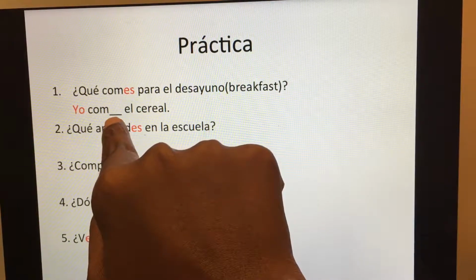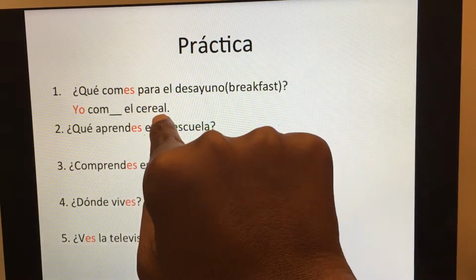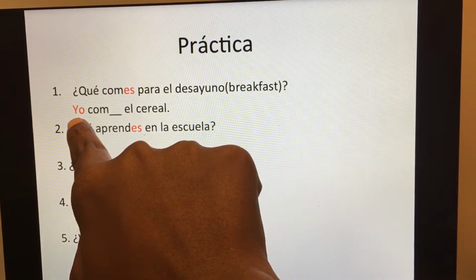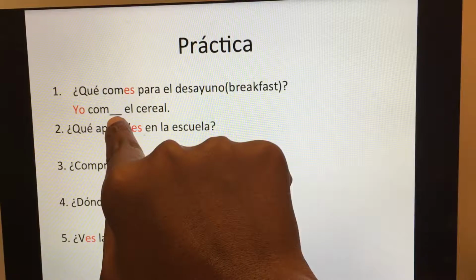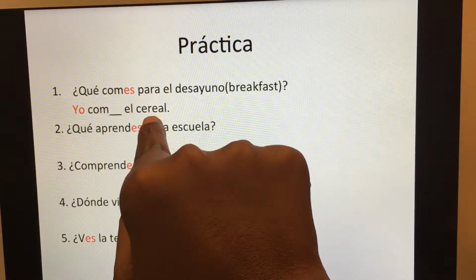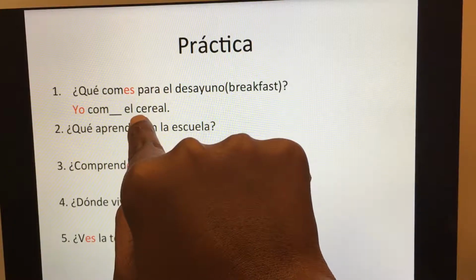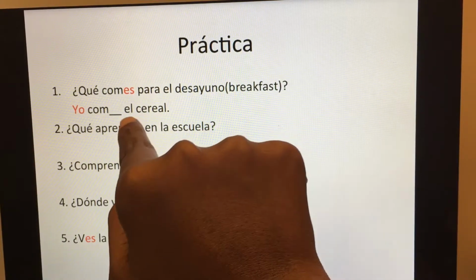Very good. It's going to be o. Como el cereal. Remember that this is optional because by this verb ending in o, I already know that my subject is I. In Spanish, yo. I'm eating cereal. Yes, in Spanish, it's just like in English, but it's pronounced cereal.